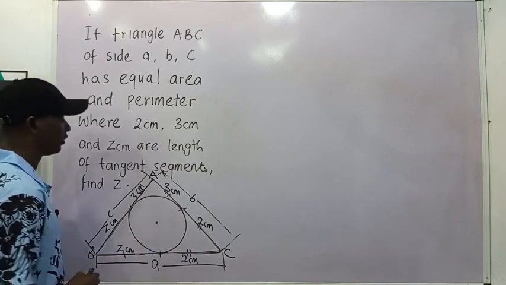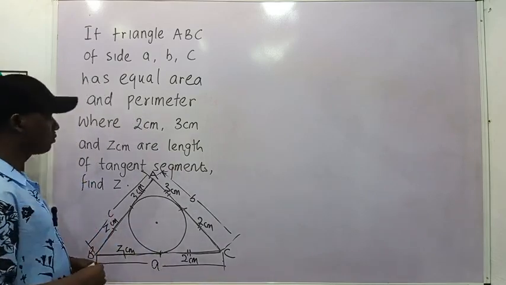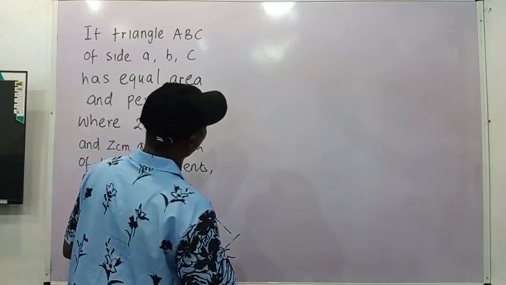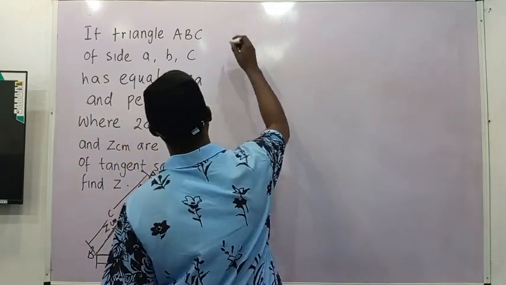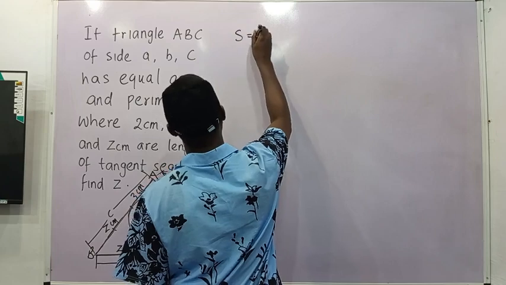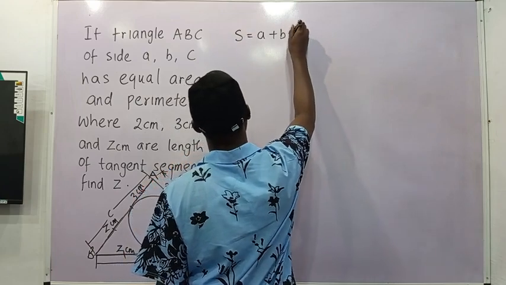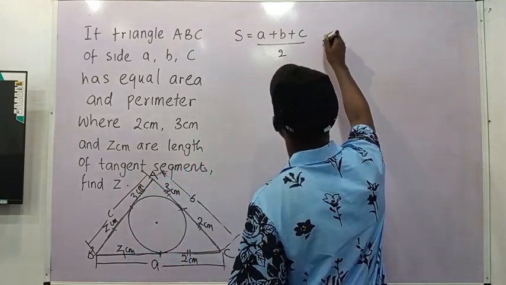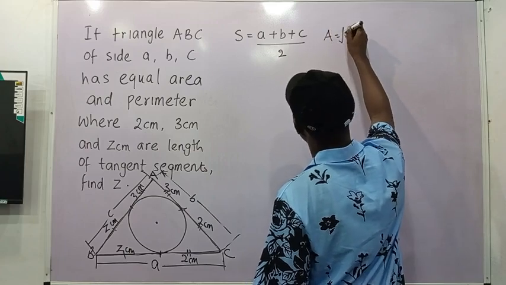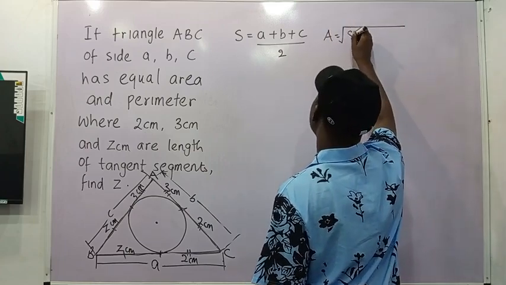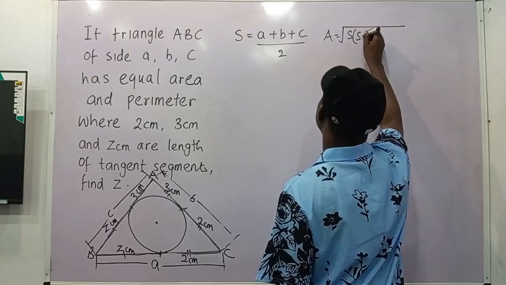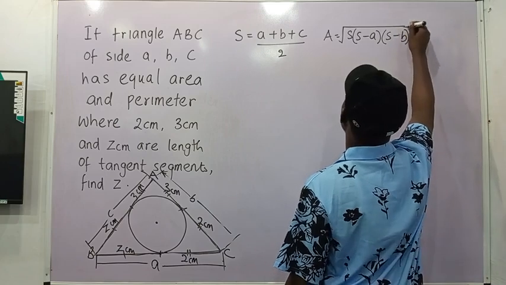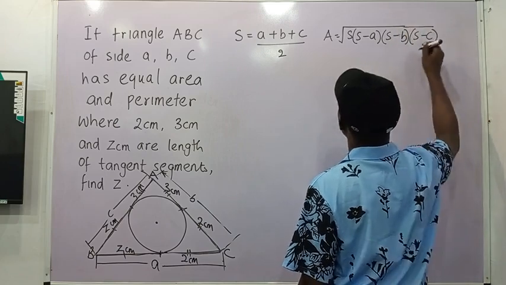This is the center point of the circle. Now we want to find Z. That's what we are looking for. We have what we call Heron's formula, which says s equals a plus b plus c all over 2. To find the area, we have the square root of s times (s minus a) times (s minus b) times (s minus c).